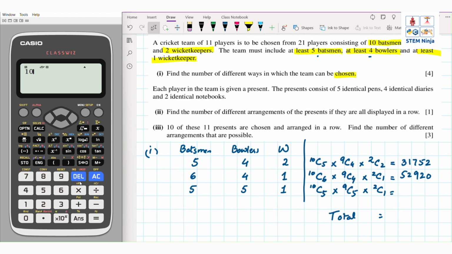Similarly, 10C5 times 9C5 times 2C1 gives 63504. Now, for the total, we just need to add them back up: 31752 plus 52920 plus 63504, which gives 148176.